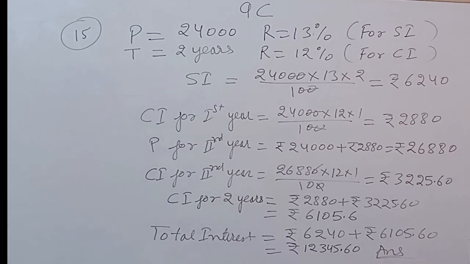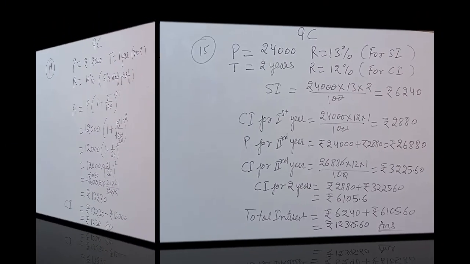So CI for the 2 years equal to rupees 2,880 plus 3,225.60, that is rupees 6,105.60. So total interest equal to rupees 6,240 plus 6,105.60, that is rupees 12,345.60. So in that manner you can do question number 15.